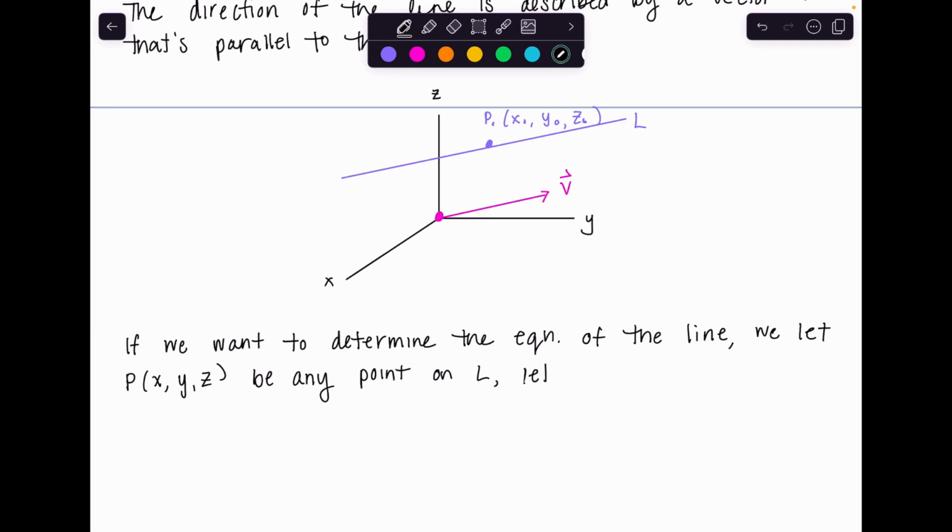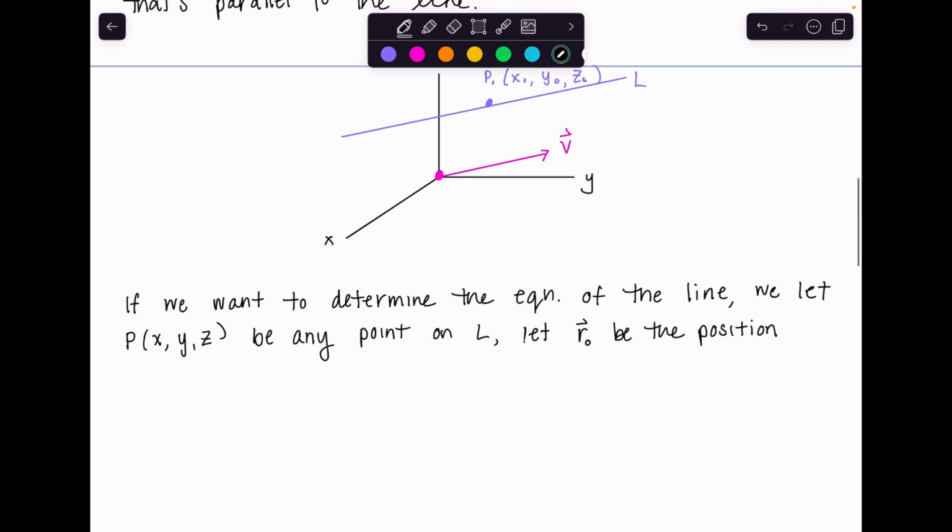Okay. So we let r0 be the position vector. And then we have this point P, which is any point on the line. So we're going to let r be the position vector of P.